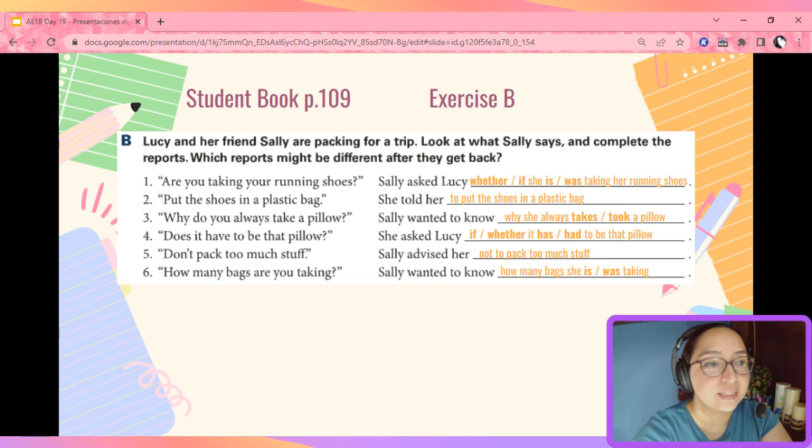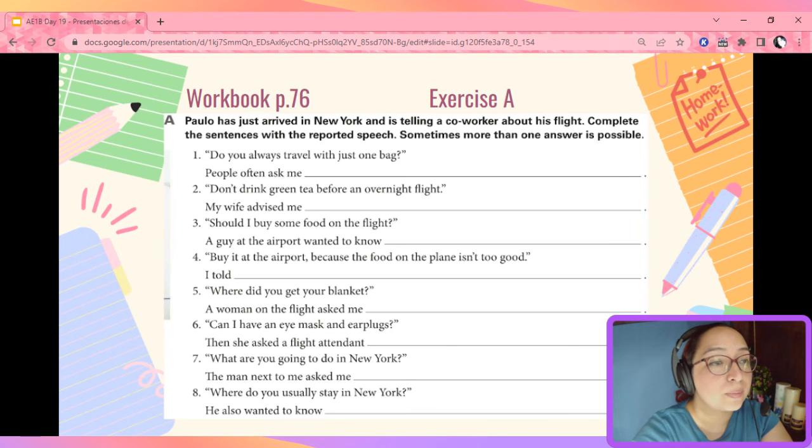Okay, great. Now, let's go to workbook page 76, exercise A. Let's read the instructions. Paulo has just arrived in New York and is telling a coworker about his flight. Please complete the sentences with reported speech, but notice that sometimes there is more than one correct answer. Let's see. Do you always travel with just one bag?